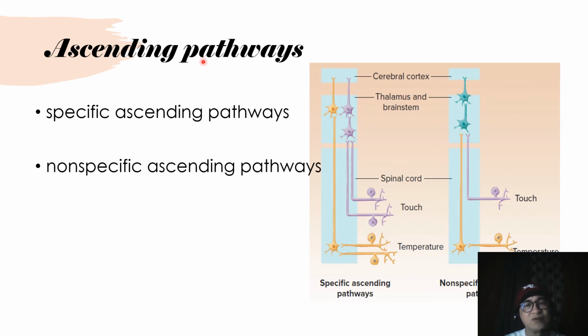You have two ascending pathways in general. You have specific ascending pathways and non-specific ascending pathways. The specific ascending pathways carry information about single types of stimulus along individual afferent fibers.